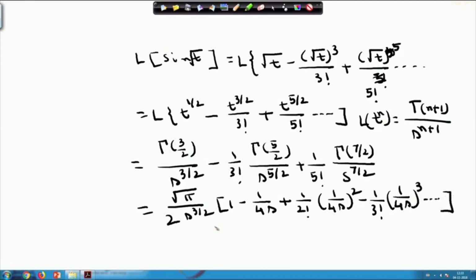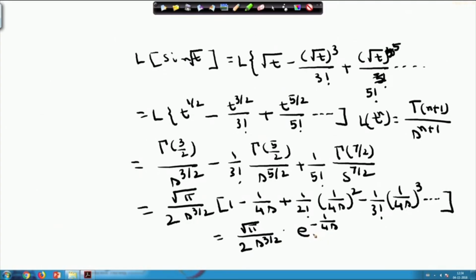This is root pi divided by 2 into s to the power 3 by 2, and this is nothing but a series, that is e power minus 1 by 4s. Therefore, the Laplace transform of sin root t is root pi by 2 s to the power 3 by 2 into e power minus 1 by 4s.